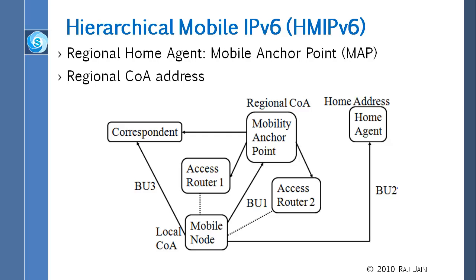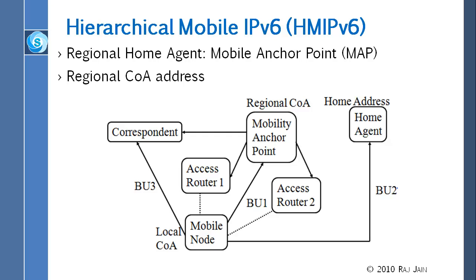So this is mobile, and this is the regional care of address. So this is a regional mobility anchor point, and it sends a binding update to the regional anchor point.